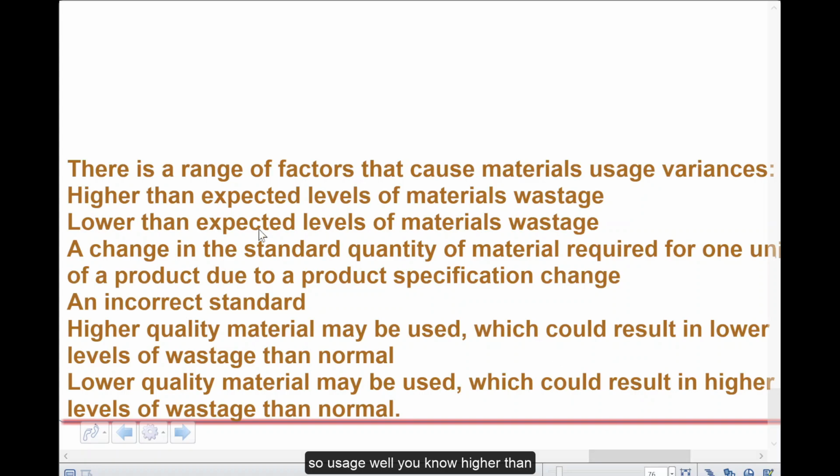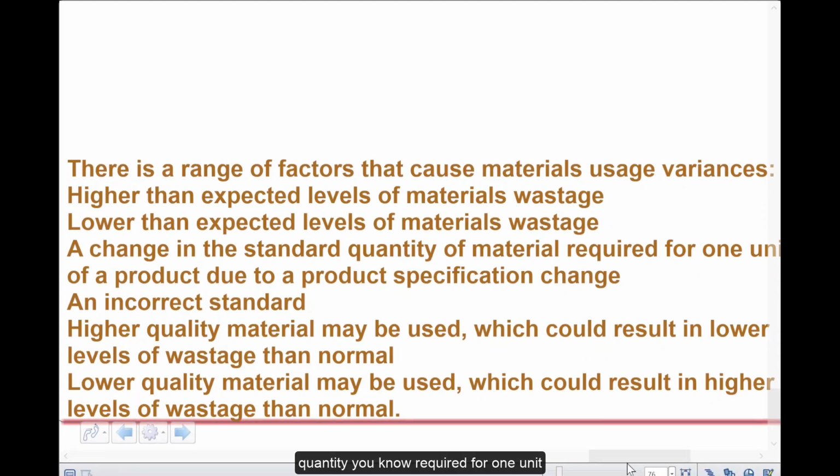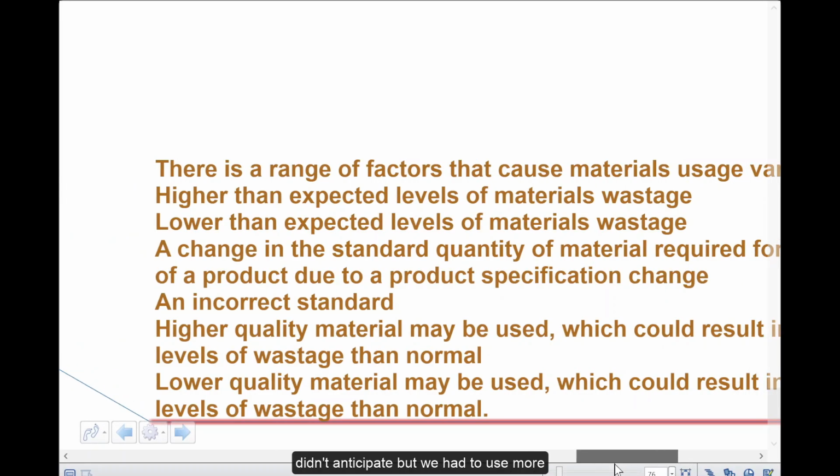So usage, well, higher than expected levels of wastage, maybe lower than expected levels of wastage, possibly a change in the standard quantity required for one unit for some reason or other. We didn't anticipate, but we had to use more, or in fact we used less.